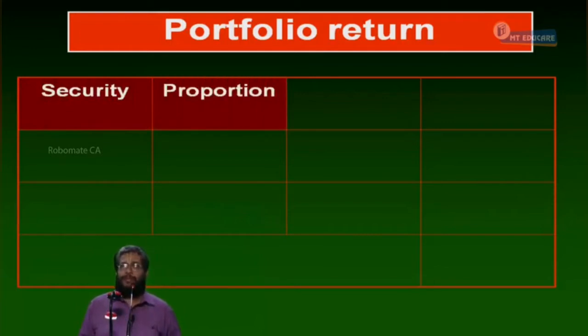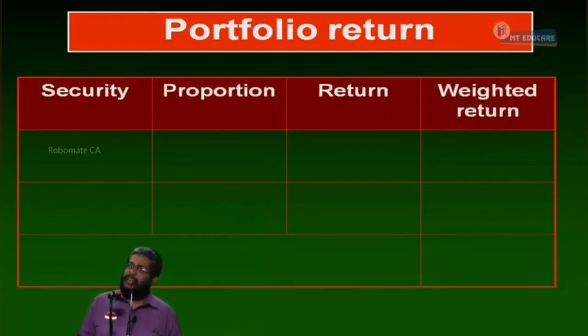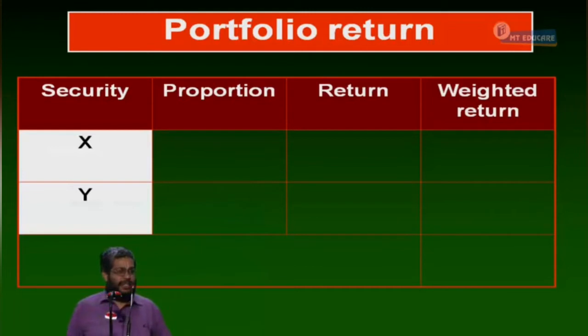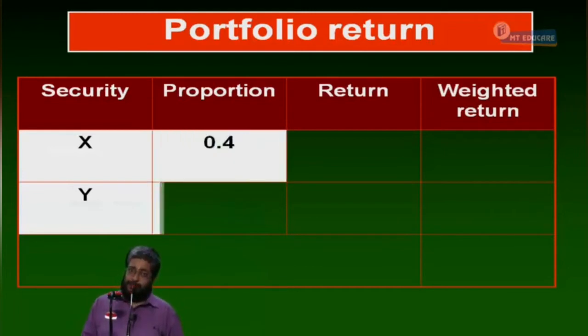Security, proportion, return, weighted return. Okay, tell me the two securities constituting the portfolio, X and Y. How much percentage of the money is invested in X? 0.4. Y, how much proportion? 0.6.